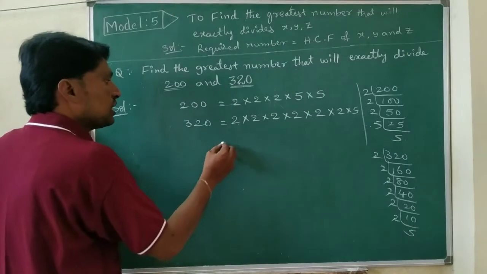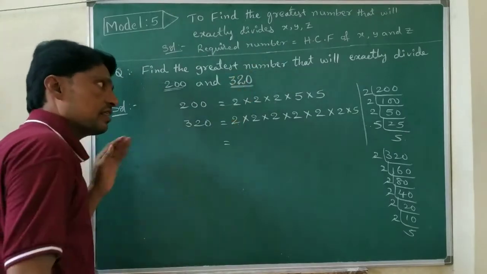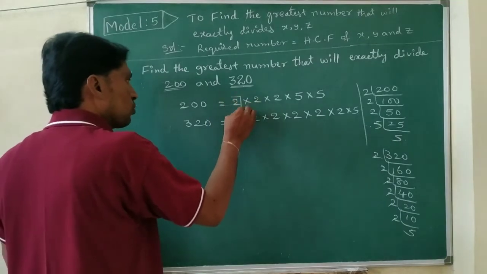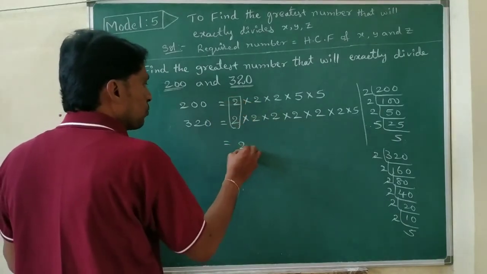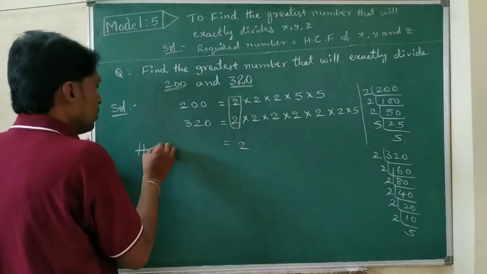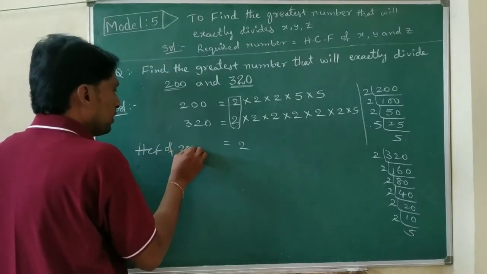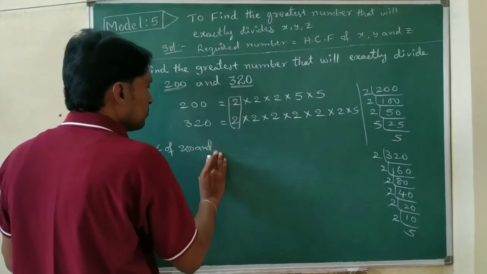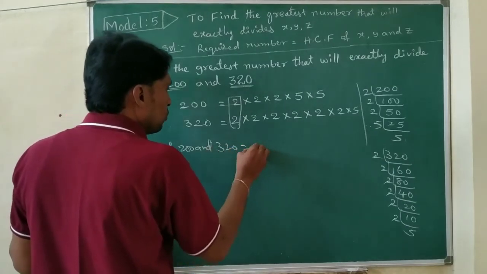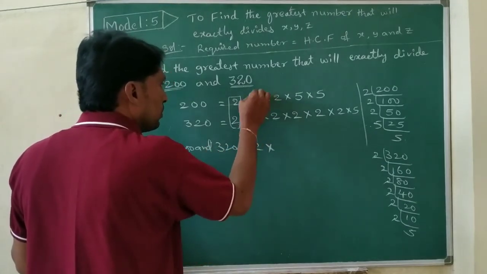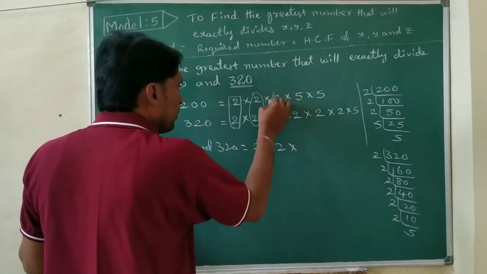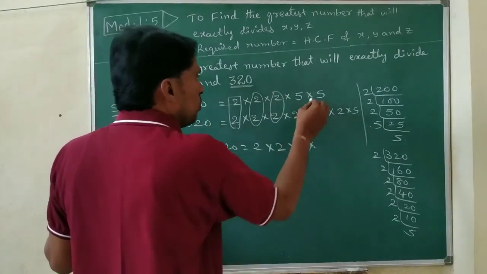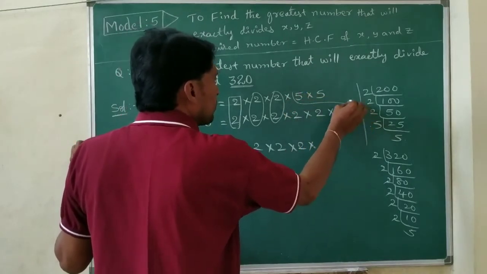Now in this we need to find the HCF. HCF means only common factors we need to write. So 2 is common. HCF of 200 and 320 equals 2 into 2, it is also common, into 2, this 2 is also common, and again common, only 5 is there.